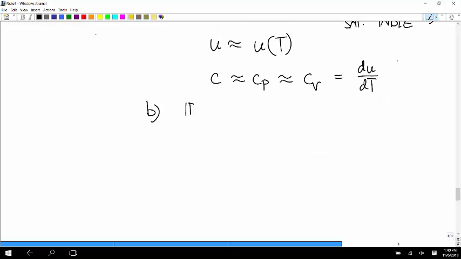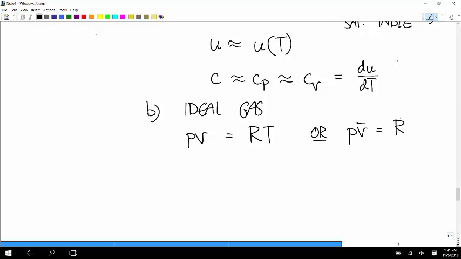And then next is ideal gases. We mainly use this equation. I think this is the only one I've used in solutions. P times specific volume is equal to capital R times temperature. Equivalently, you can use this one that says pressure times the molar specific volume is equal to R bar times temperature.